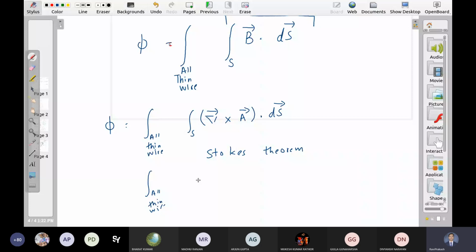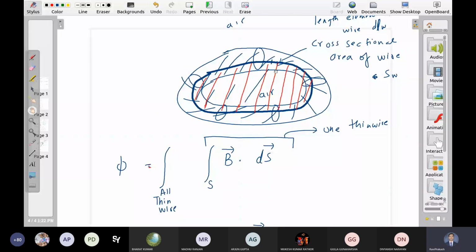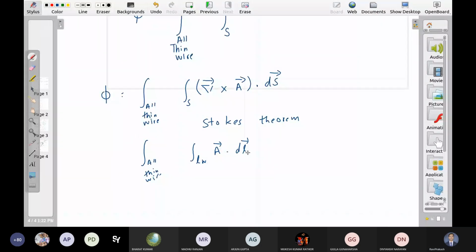What is this L? This, right? The boundary. This L, which is LW, right? So the integral over this boundary. This is the complete flux phi.